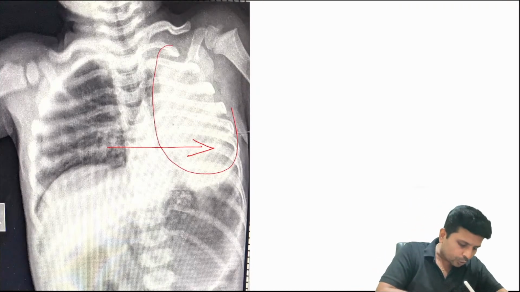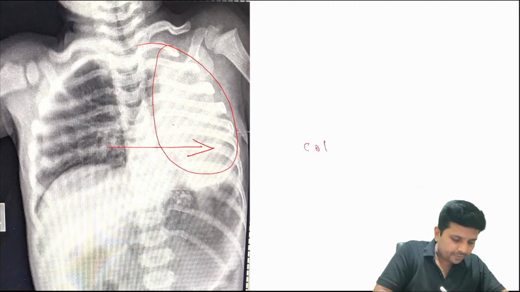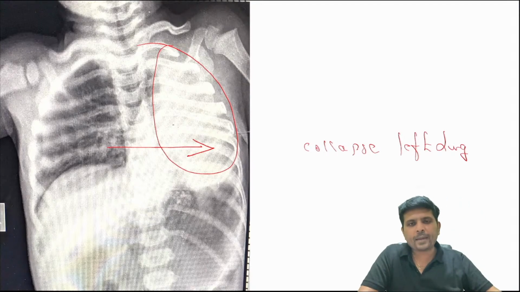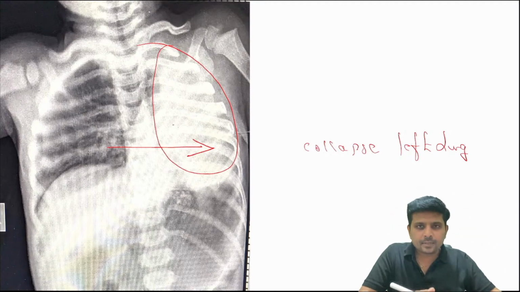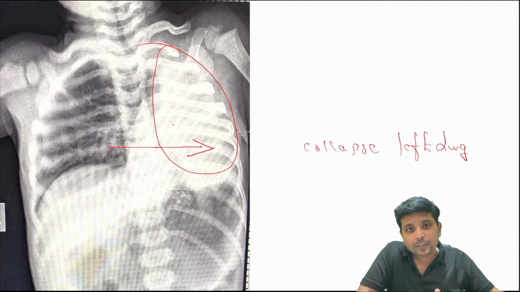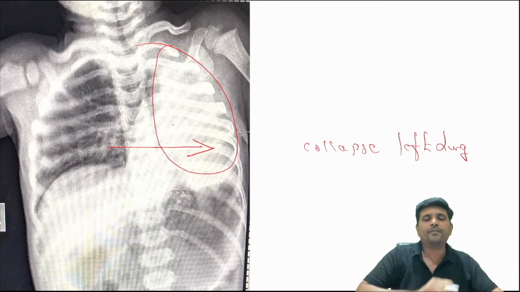So here also white out hemithorax. Again, this is collapse left lung. So opaque hemithorax means air is replaced by something, and it will be associated with pulling of the mediastinum to the same side of the opaque lung.